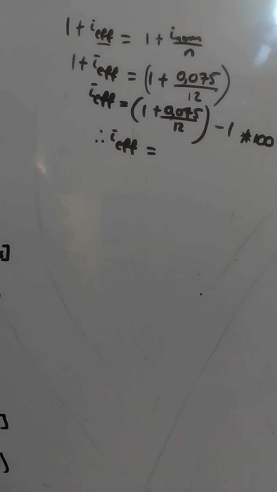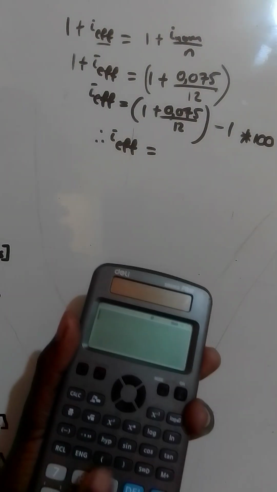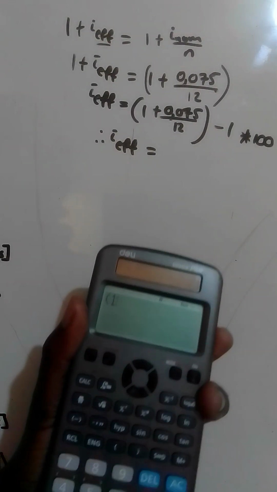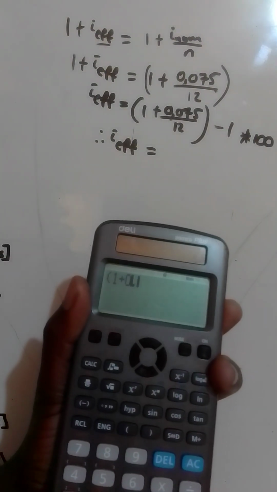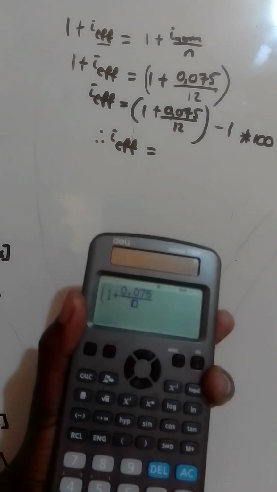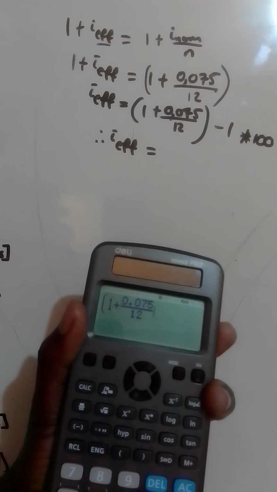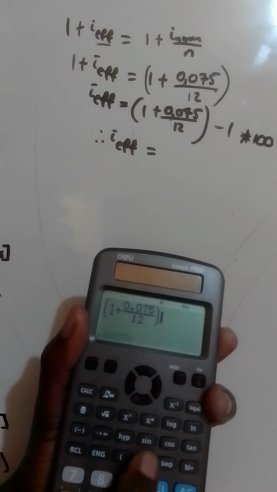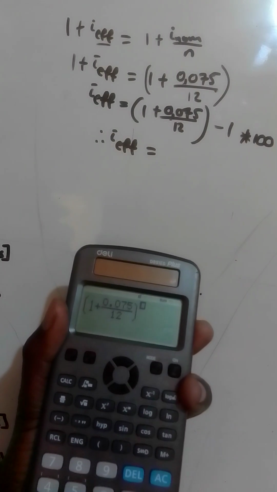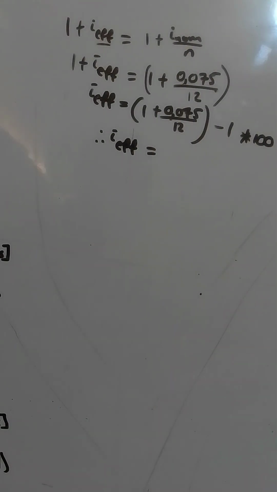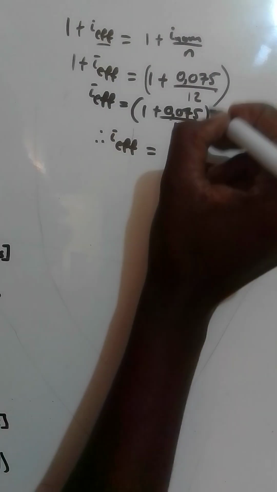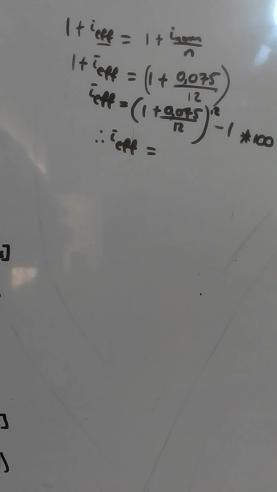So when I come here, now I say that open bracket 1 plus 0,075 over 12 to the power, oh, I forgot to say to the power 12, because it's going to compound 12 times, right? Minus 1.